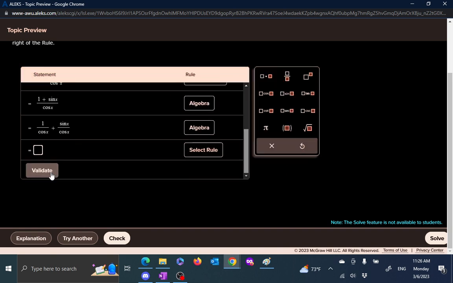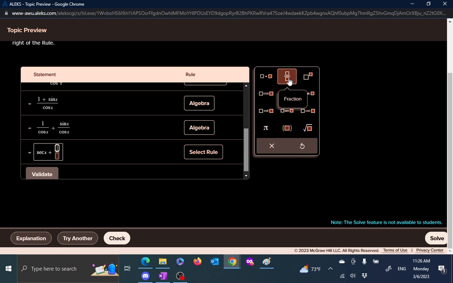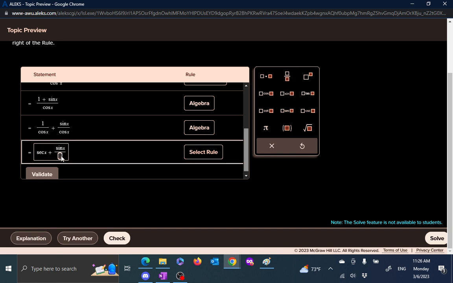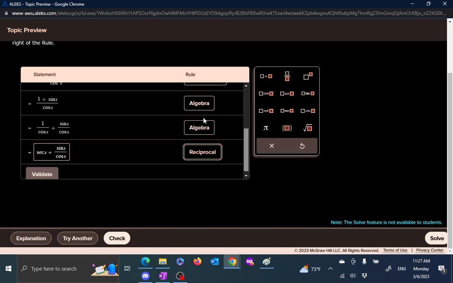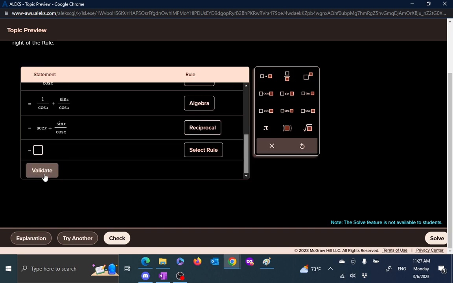Try one more time. 1 over cosine is secant of x. Now here comes the software limitation perhaps, or you can try to see if it lets you go through. So 1 over cosine is just a reciprocal identity, so I can use that, replace one item. Now secant of x, I keep it.